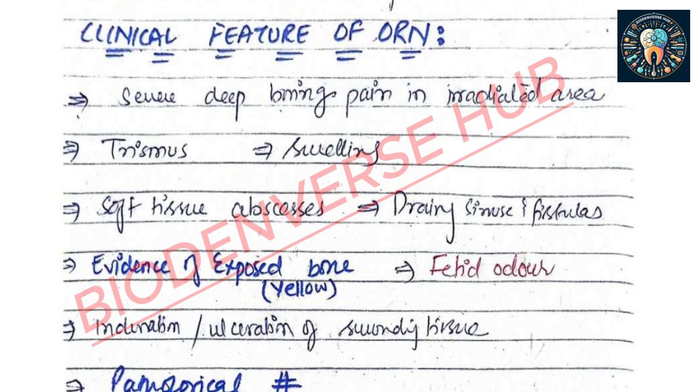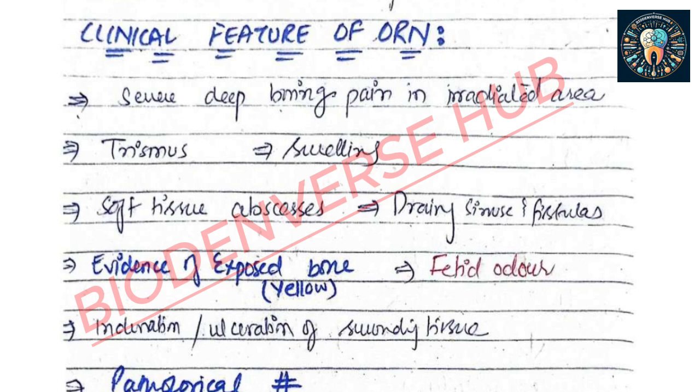Now we will be discussing the important clinical features of osteoradionecrosis. First of all, there will be severe deep boring pain in the irradiated area. The patient may experience trismus, that is difficulty in mouth opening, or there may be swelling present. Soft tissue abscesses will be seen.